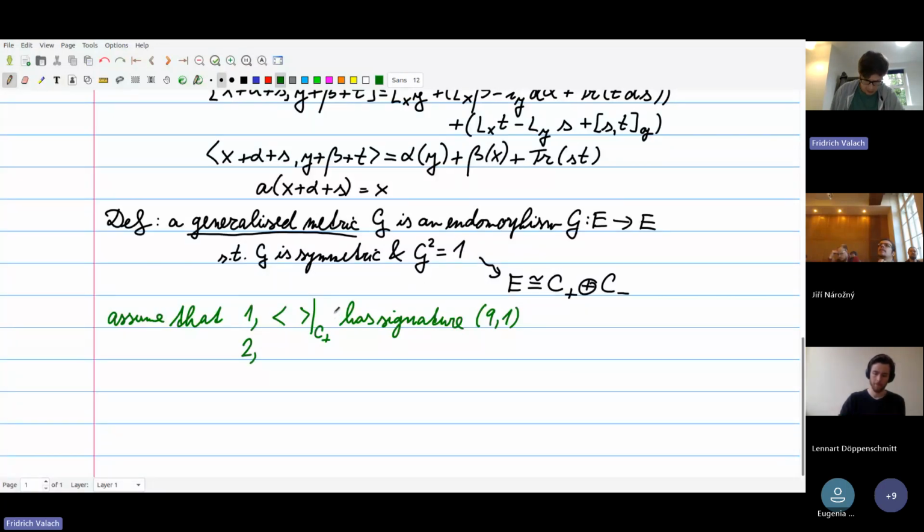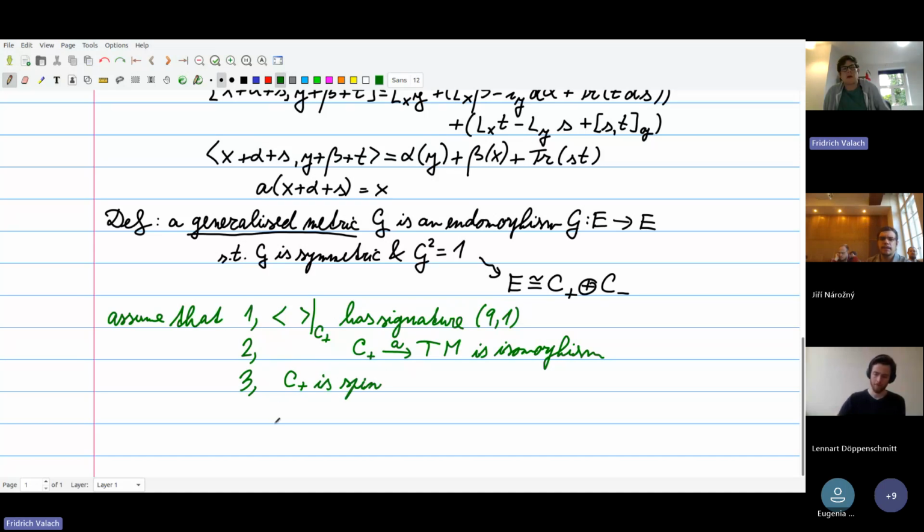Second, if you take the anchor map, then this maps C plus into TM, and I want this to be an isomorphism. And third, I want this bundle C plus to be spin, so I want it to admit spinors.